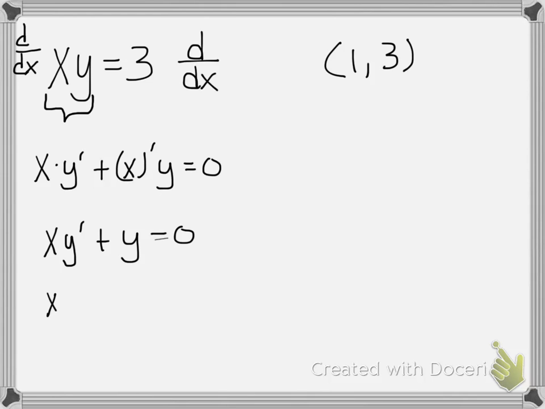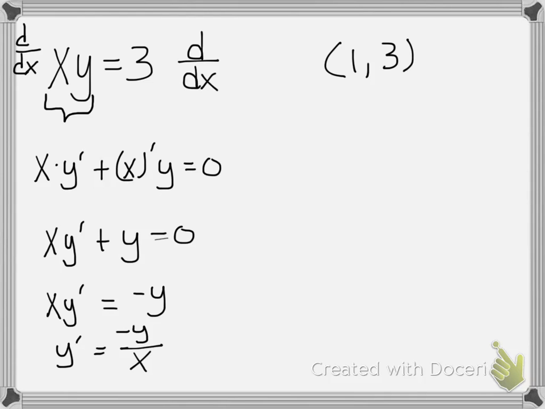So we're going to have x y prime equal to negative y, and so our y prime is just going to be negative y over x.